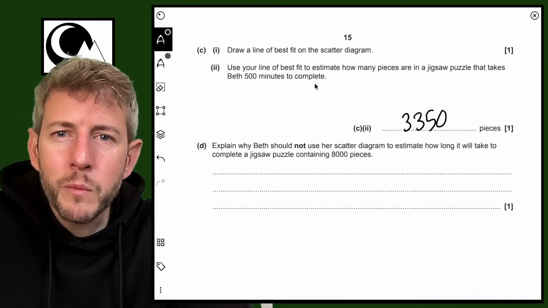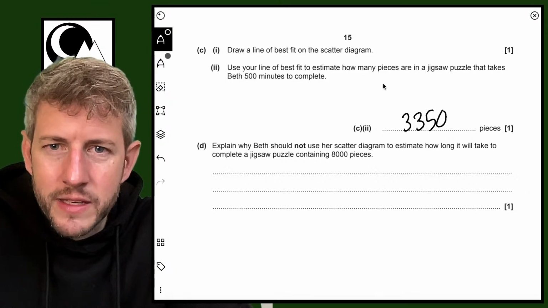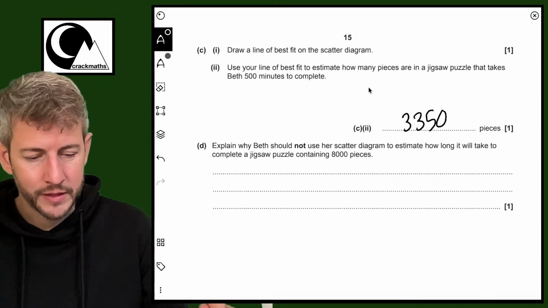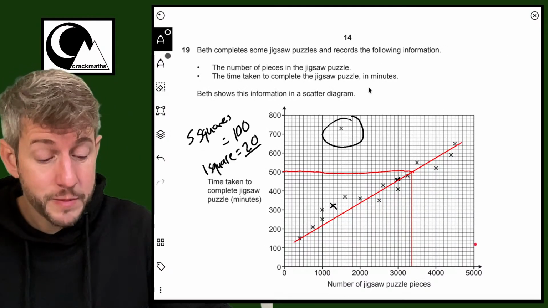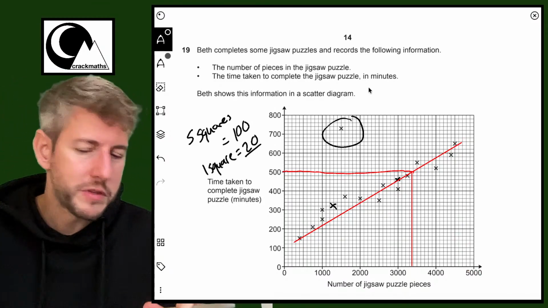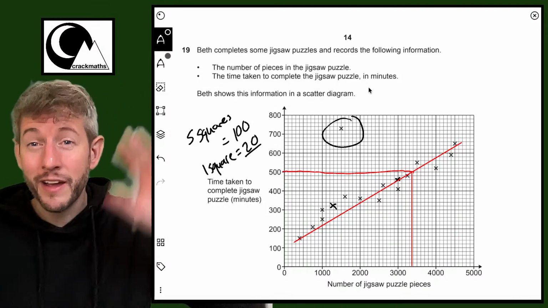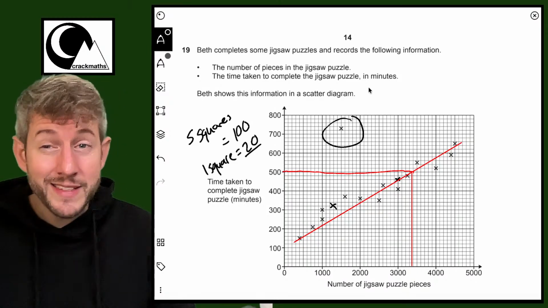D. Explain why Beth should not use her scatter diagram to estimate how long it will take to complete a jigsaw puzzle using 8,000 pieces. Well, the reason for that is because she's only got experience of up to 4,500. So she doesn't really know. It could get exponentially harder as you get more and more pieces. Or it could get easier, who knows?